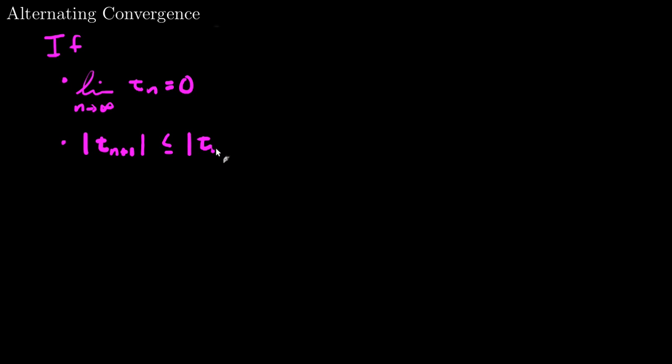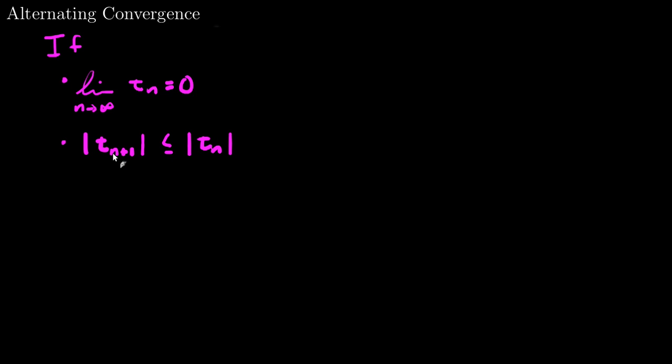Okay. Final rule, alternating convergence. So this is really nice, and if three things are satisfied: the limit as n goes to infinity of the terms is 0, so it's approaching 0, and the magnitude of the next term is less than or equal to the magnitude of the current term, so it's somehow decreasing, at least at some point.